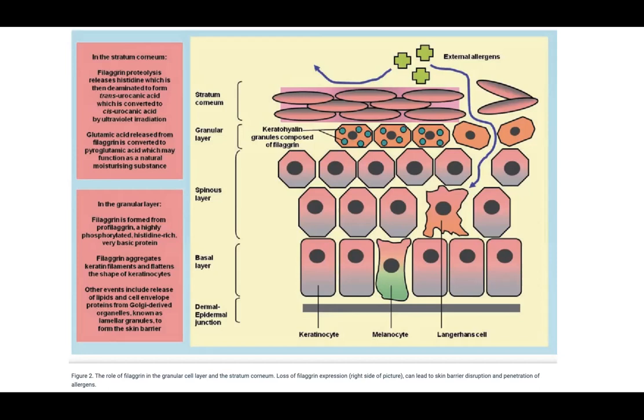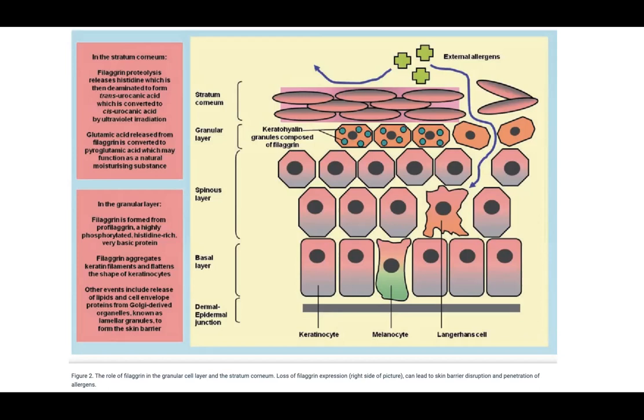Remember that atopic dermatitis also has filaggrin mutations. At least some patients have been shown to have filaggrin mutations. Other forms of atopic dermatitis are usually due to either defects in the immune system, which are not completely understood, or defects in other structural skin proteins, as well as the ability to interact with the exterior microbiome.